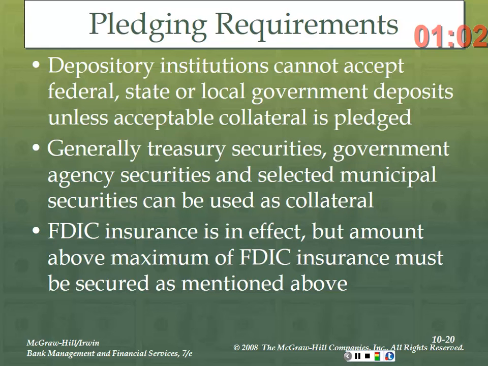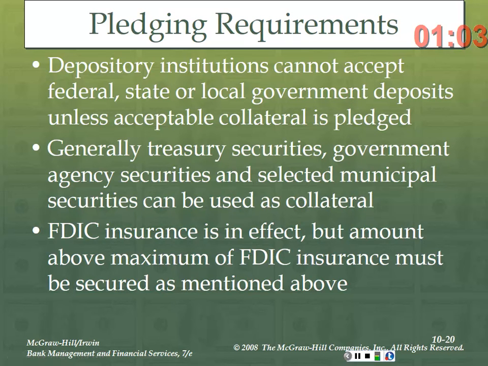And this is something that a lot of people really may not think about, but it's pretty important to banks because it can be a major pain in their side if they have too many government deposits. All right, so the way this works is, it says depository institutions, so I'm going to substitute banks in there. So banks cannot accept federal, state, or local government deposits unless acceptable collateral is pledged.